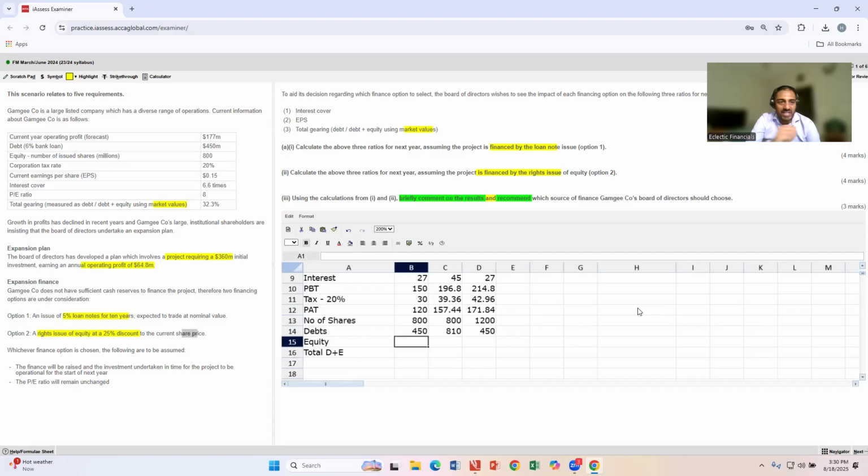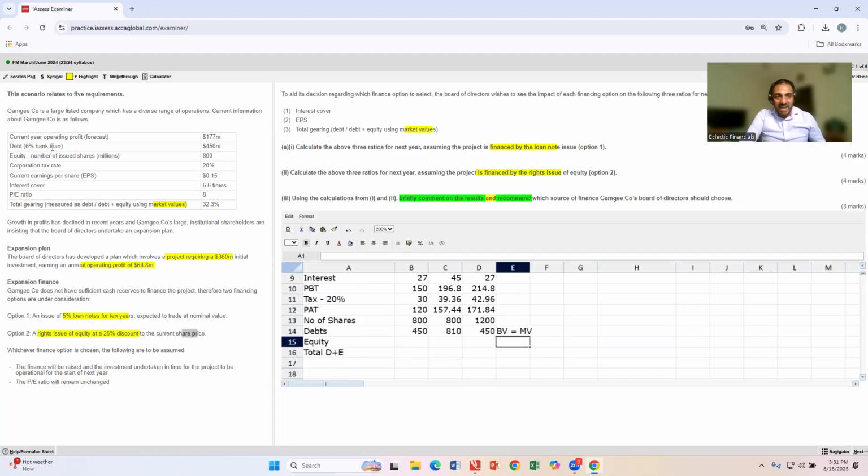What about the equity? To remember, we require market value. For debts, book value is equal to market value. Why?